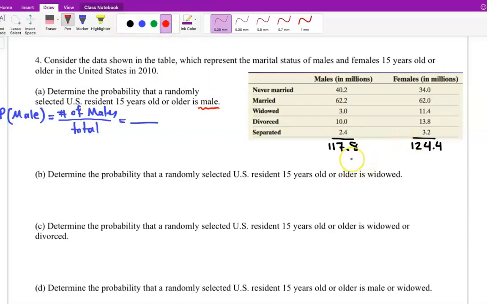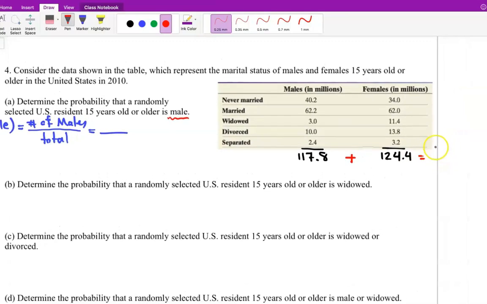And we need to know how many is in the denominator. So what is the number of outcomes total? Males plus females is equal to 242.2. So this is total.